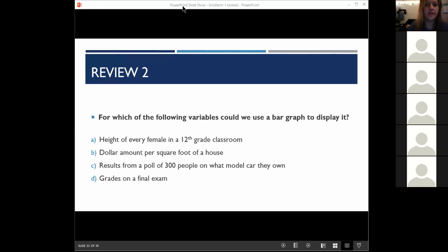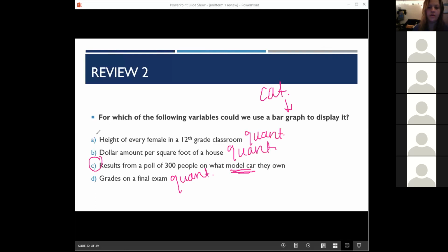Okay, great job, guys. So our answer is C here, because remember, bar graphs are how we display categorical variables. The only categorical variable here is C. Model car, that's categorical. The rest of these are quantitative. Grades on a final exam, quantitative. Dollar amount, quantitative. And height is quantitative too. So it can't be any of those, because we're looking for categorical variables for bar graphs. Our answer is C.